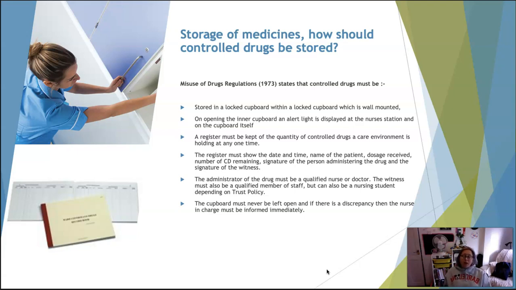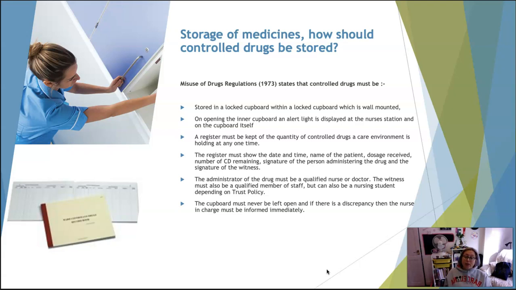Now, it might be part of your roles and responsibilities that you can be a second signer for controlled drugs. You can't administer them directly, but you can second sign as the witness to the amount of controlled drugs within the cupboard.